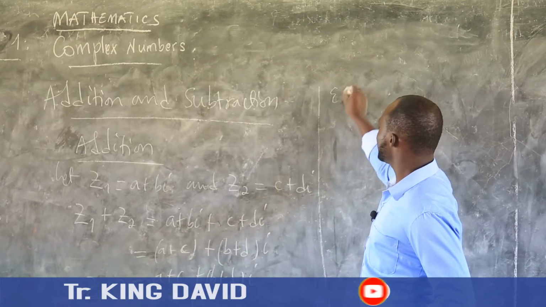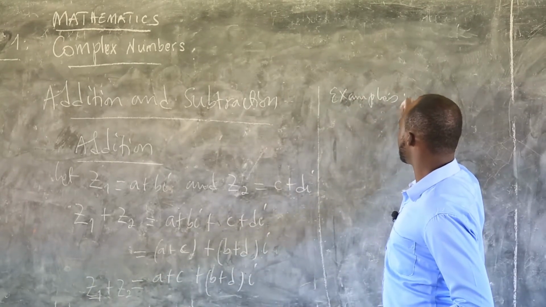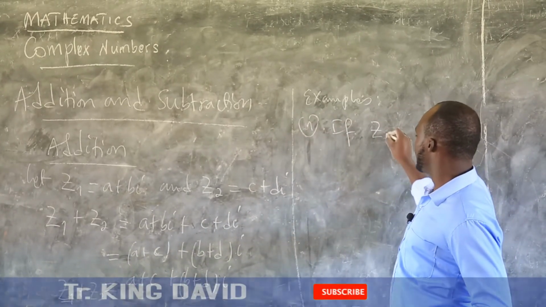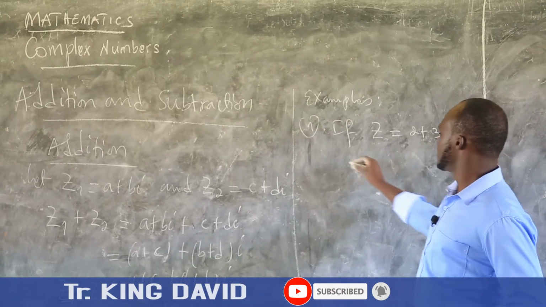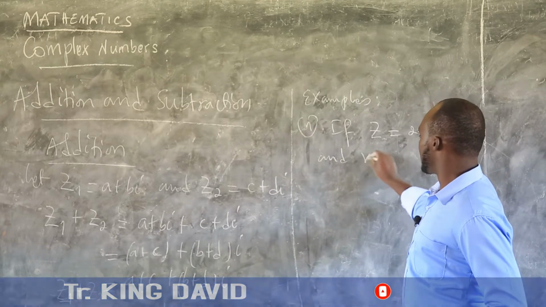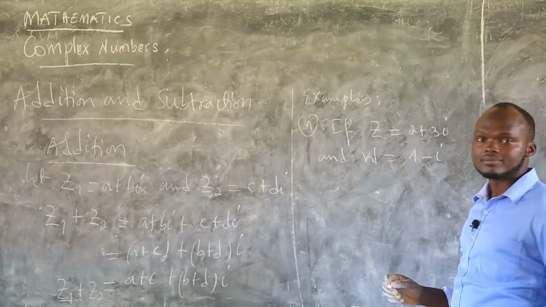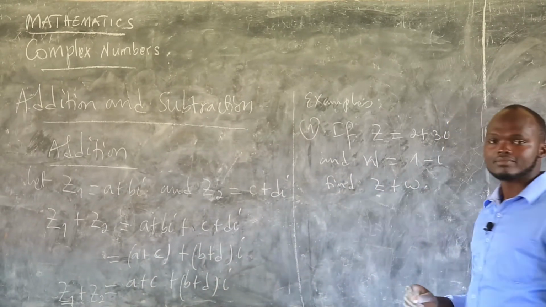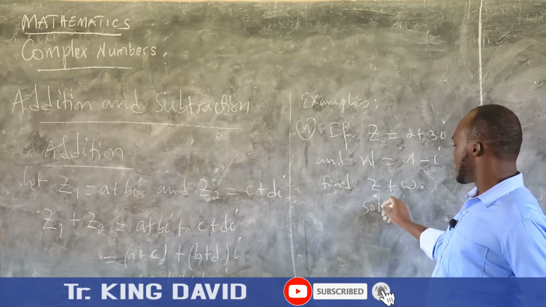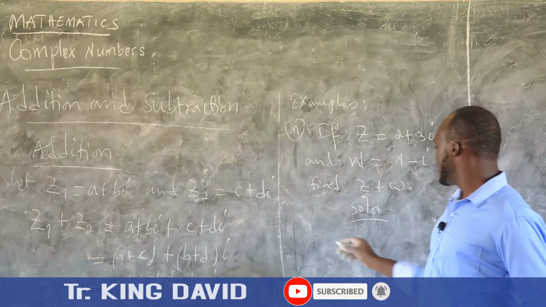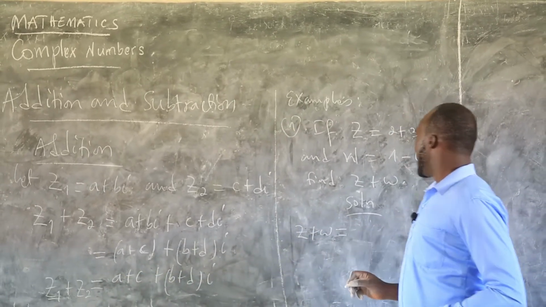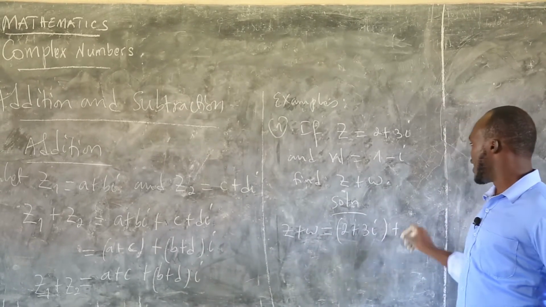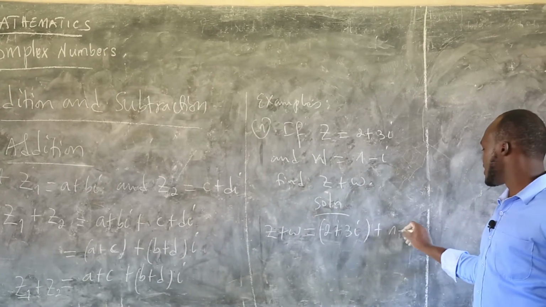For example, number 1a: if Z equals 2 plus 3i and W is 1 minus i, find Z plus W. The value of Z is 2 plus 3i plus the value of W, which is 1 minus i.